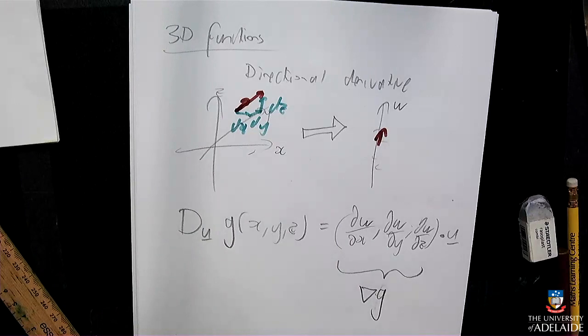Okay, so here's the thing. That gradient tells you how quickly you move in the x and the y and the z direction. But it's an actual vector as well. Right? It's got 3 coordinates. I could interpret that as a direction if I wanted to. What would happen if I interpreted it as a direction?